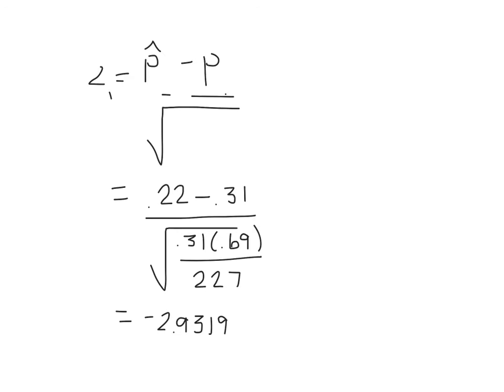Well, now we have to find the z-score for the upper end of this boundary, which was the 35%. So we're going to take 0.35 minus the true proportion of 0.31, and we're going to divide by that same standard deviation calculation that we did before.